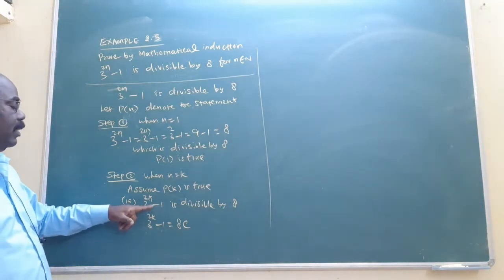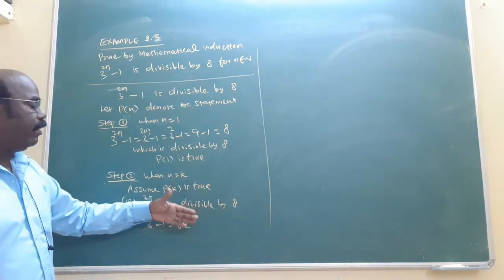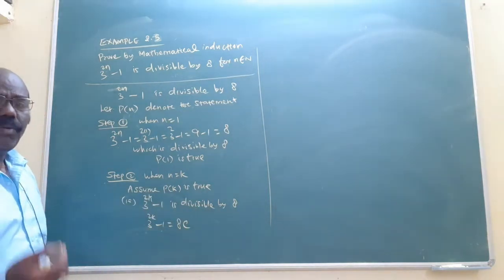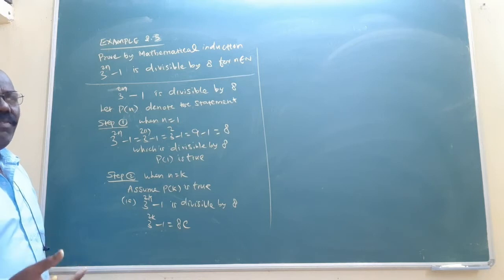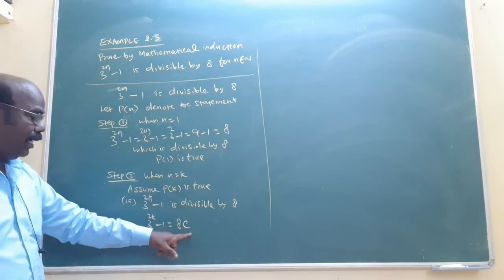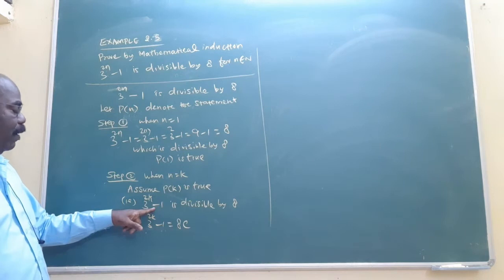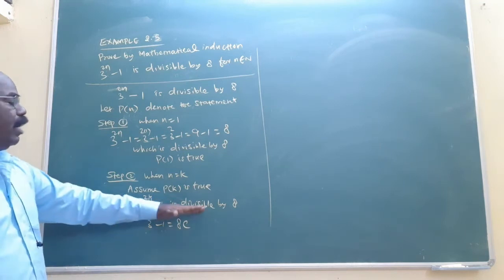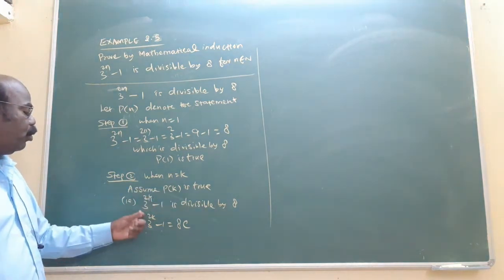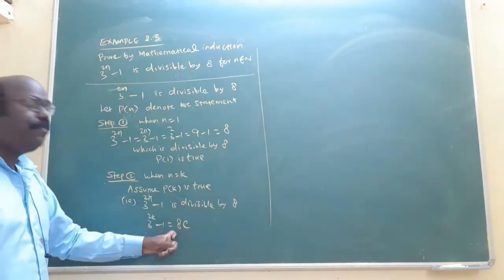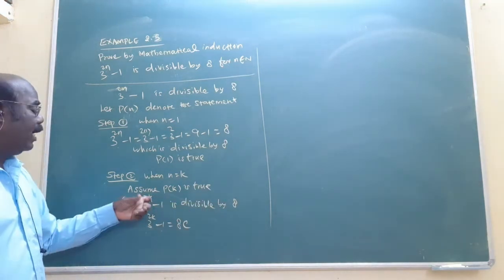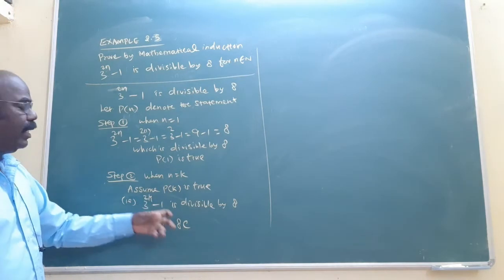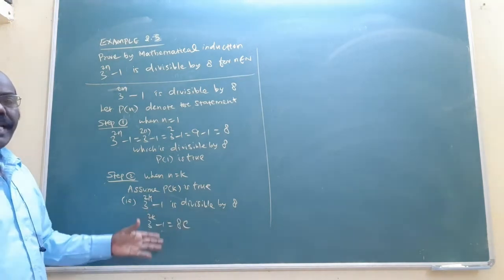This term is divisible by 8 means what? Divided by 8, we get some number after division. The number may be c. That's why 3 power 2k minus 1 is divisible by 8 means the term 3 power 2k minus 1 is a multiple of 8. Then only this is divisible by 8. Am I right? 8 into 1, 8 into 2 is 16, 8 into 3 is 24.